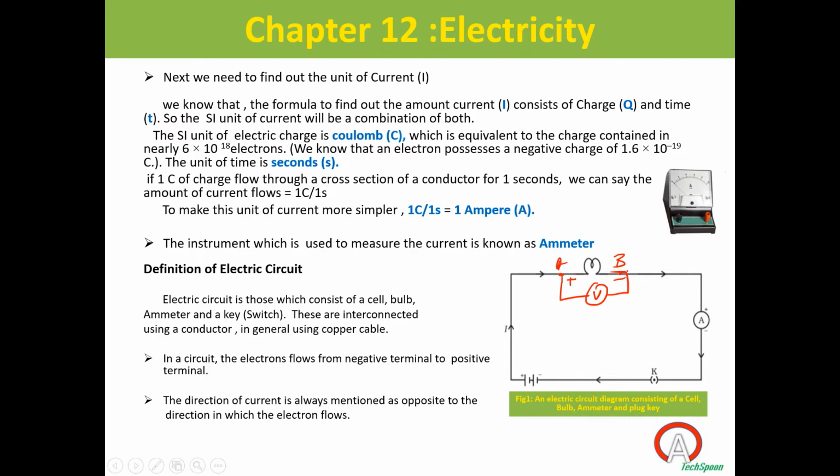So ammeter is the device used to measure the electric current in a circuit, and it is connected in series. But the voltmeter, used to measure the potential difference between 2 points, is always connected parallel to the points where you have to measure.